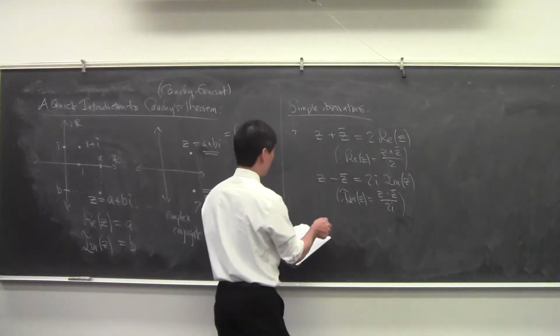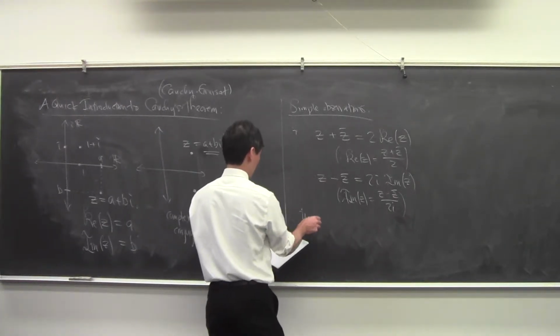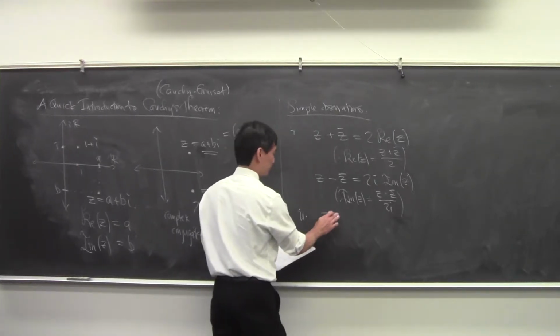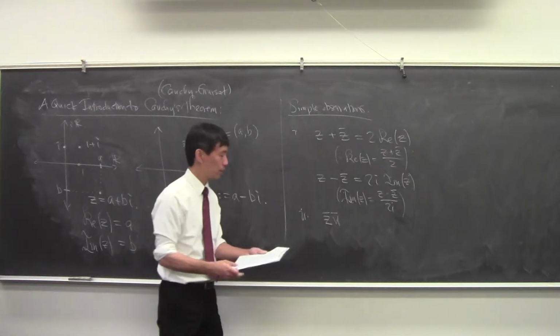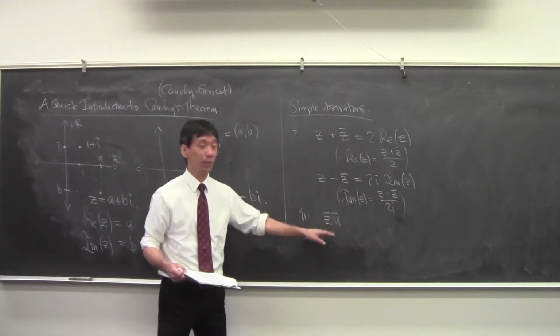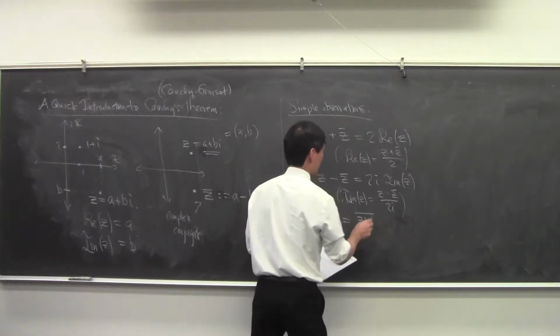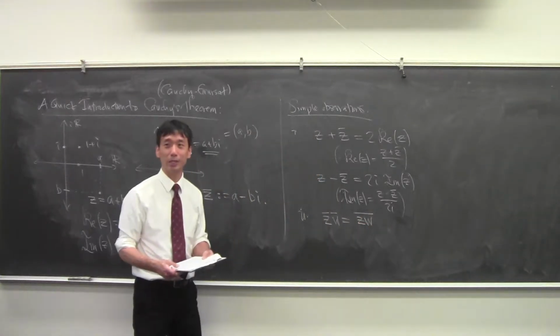Other things that come in handy: if you take the product of complex conjugates, it's the same thing as if you take the product and then take the complex conjugate of the product.